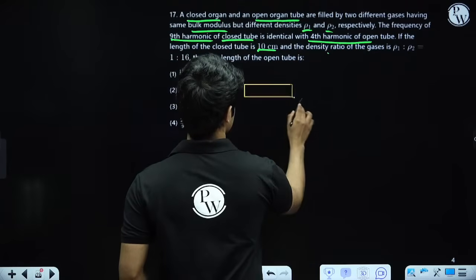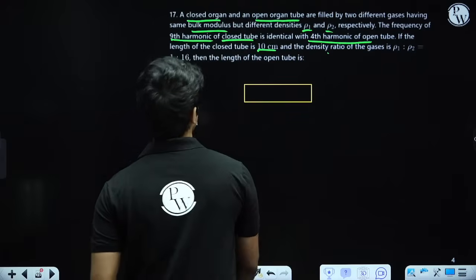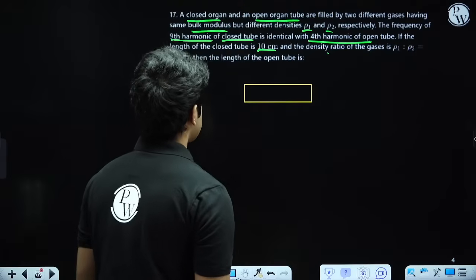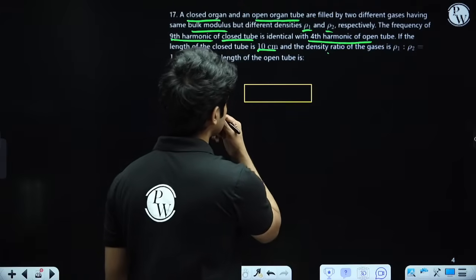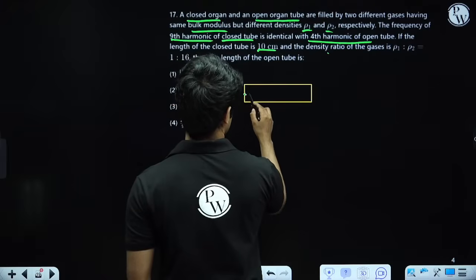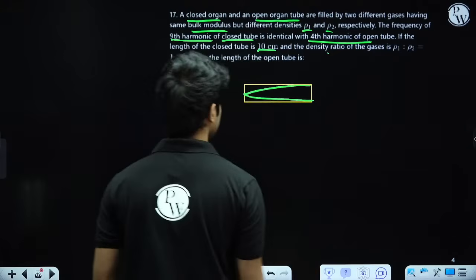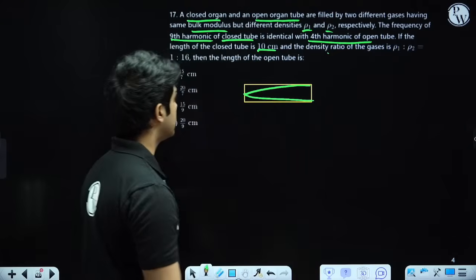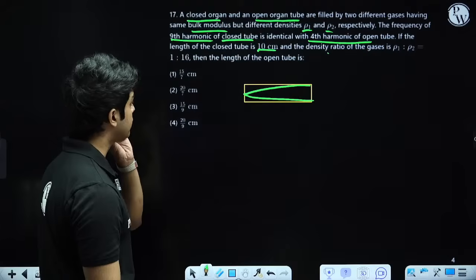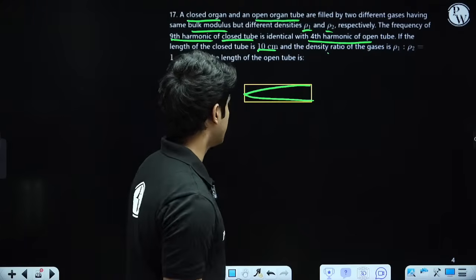So this is, let's say, the closed organ tube. Okay, this end is open. So in order to find the fundamental frequency, the standing wave pattern will be like this for the closed organ tube.